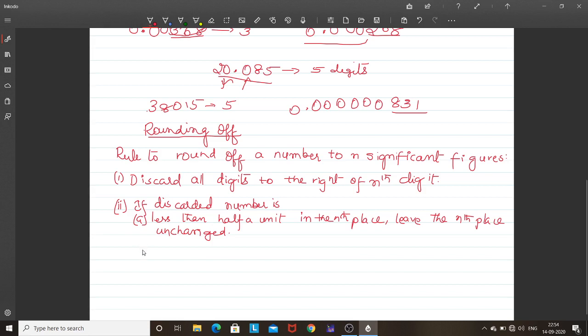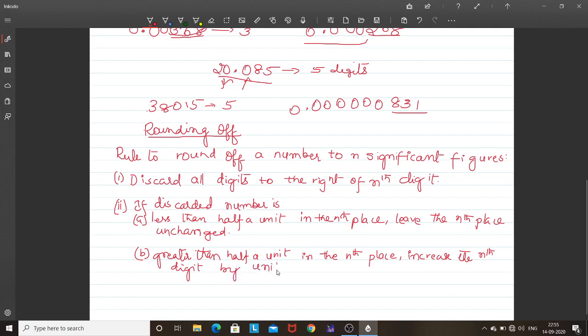And the second possibility is greater than half a unit in the nth place: increase the nth digit by unity.